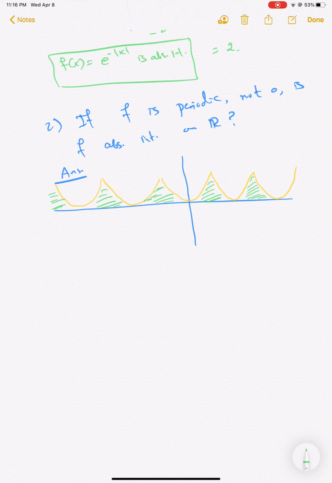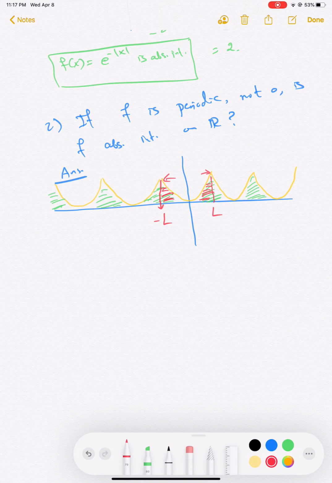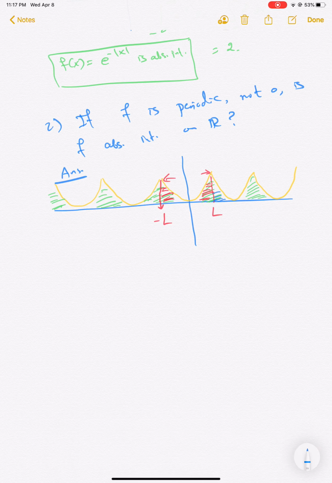We know that periodic functions have the property, for example, if the period was 2L, so if you go from negative L to L, we know that the area in this part is exactly identical to, let's change the color, blue, it is exactly this area.